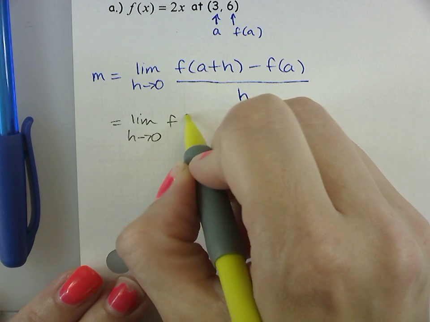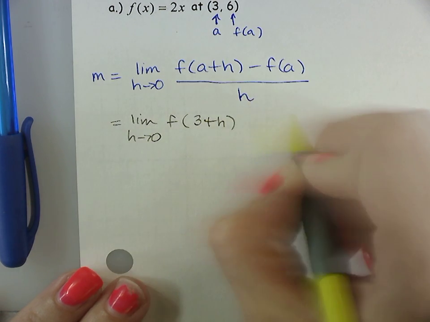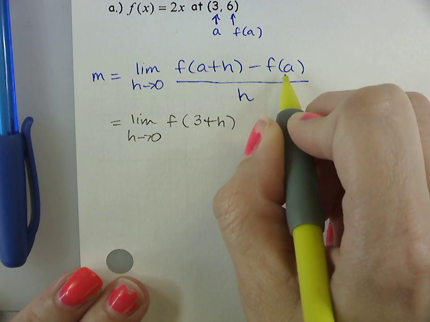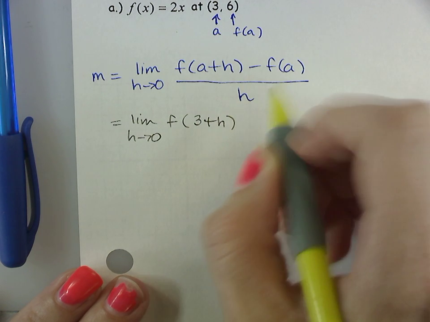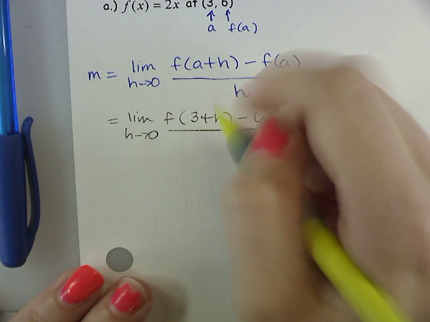So this is a plus h. What am I replacing a with? 3. So 3 plus h. Now, this is f of a. I can replace f of a with what? 6. Good.